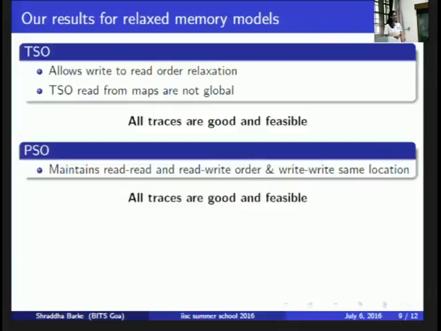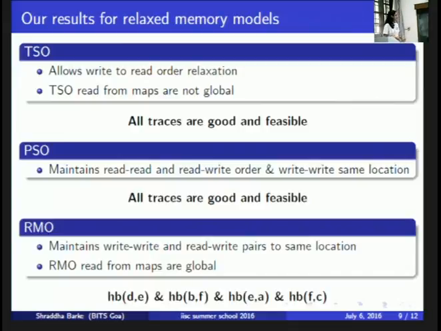Similarly, for a PSO memory model, we get the same output. However, for RMO, since the read from maps are global, we get a happens before constraint output. It's a conjunction of happens before constraints, which corresponds to the cycle which was detected before, and this indicates that because of these conditions, the execution is not allowed in the RMO memory model.